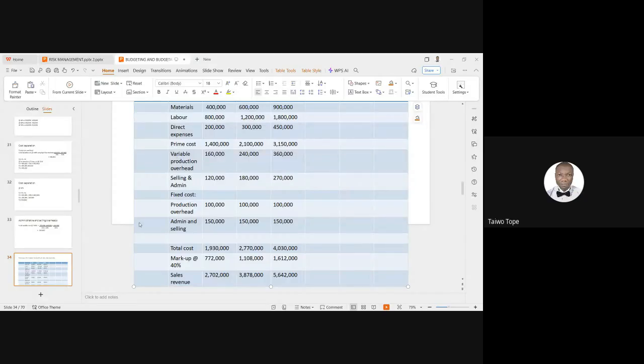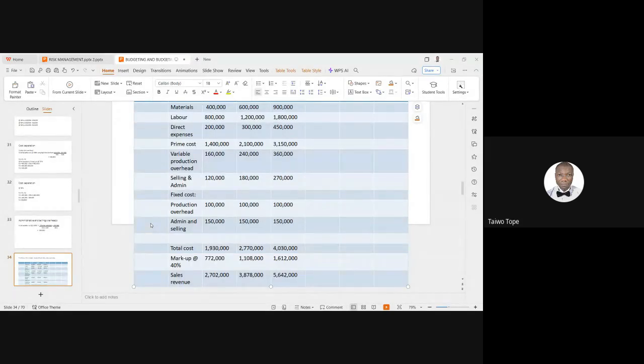Sir, this admin and selling of 150 is the fixed element in the total admin overhead cost at 40%.